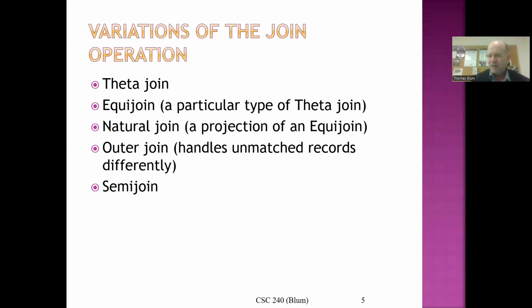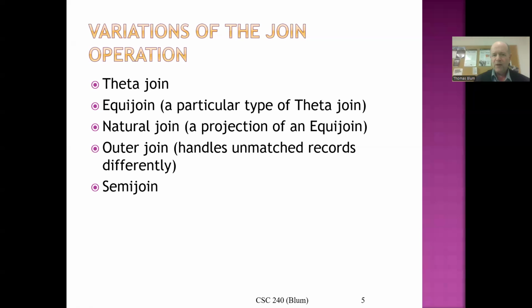And these first three are just more specific versions. So an equijoin is a theta join. Almost any join is a theta join, but then an equijoin says that the condition in particular was equality. And then a natural join is like if the equality was the equality of a foreign key matching a primary key, and also we project out the duplication of the keys, and that is what we call a natural join.